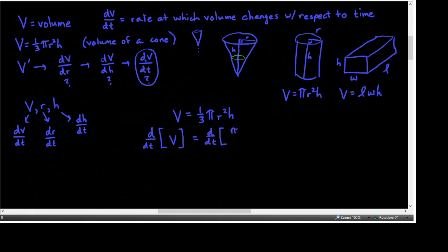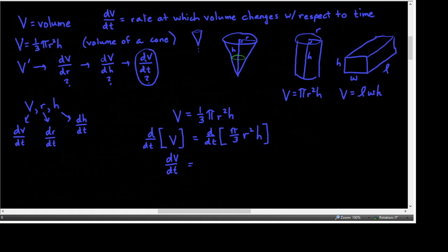I'm going to write that 1/3 pi as pi over 3 because I can. Okay, and so when we differentiate with respect to time, the derivative of volume with respect to time is dV/dt.